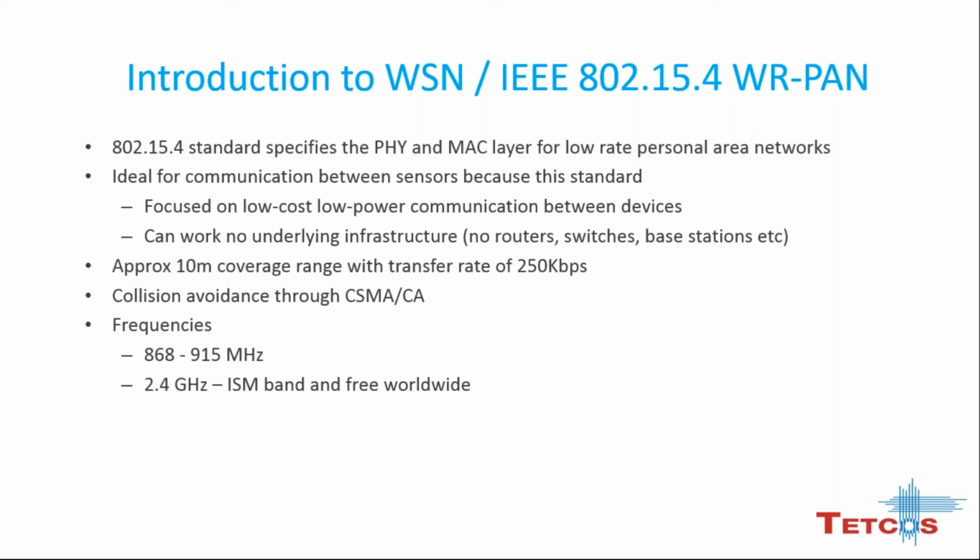Sensors are of very low cost and can be randomly placed in the sensor coverage area. Approximately 10-meter coverage range with a transfer rate of 250 kbps is there. Collision avoidance technique is used in CSMA/CA.